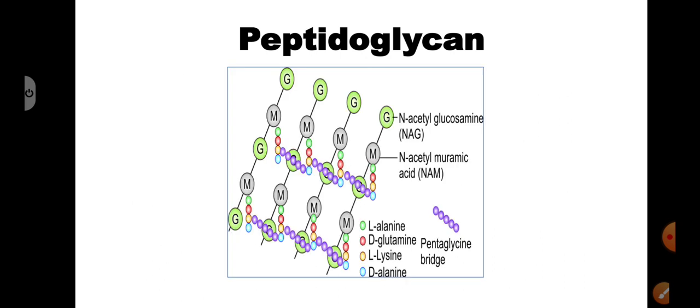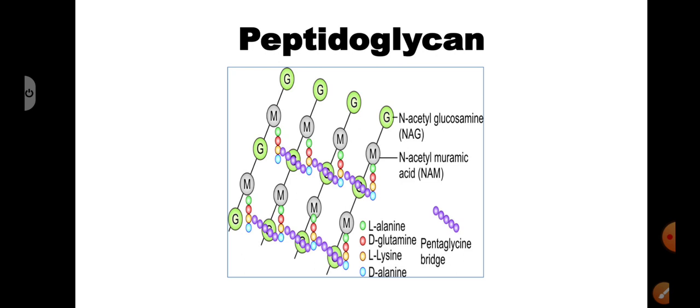Let us look at the diagram. You can see the slanting black line, which is a backbone made up of two sugar derivatives. The green one in the picture is N-acetyl glucosamine and the grey one is N-acetyl muramic acid, which alternate and are linked by beta glycosidic bonds. And you can see that from N-acetyl muramic acid a tetrapeptide side chain is extending.